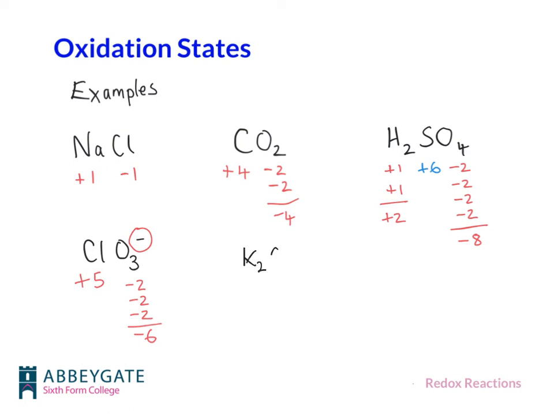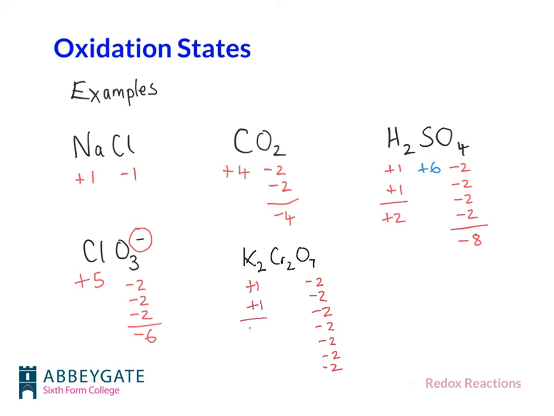And then if I look at potassium dichromate, K2Cr2O7, I know that each of the potassiums, because potassium is in group 1, is going to be +1. And I know that each one of those oxygens is always -2, so 7 of them is going to add up to -14.